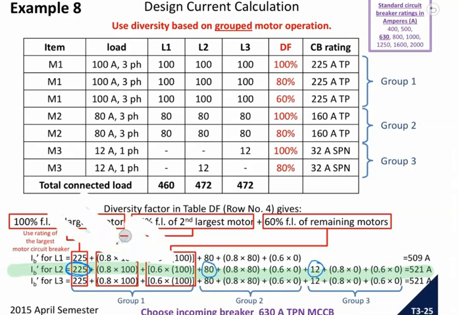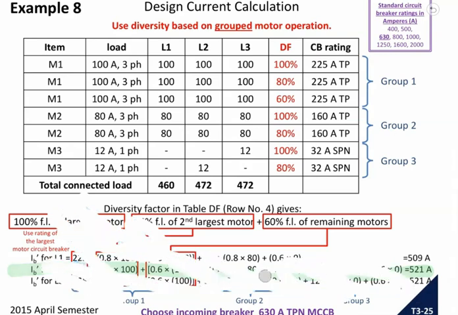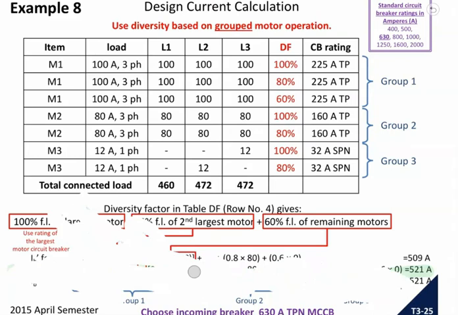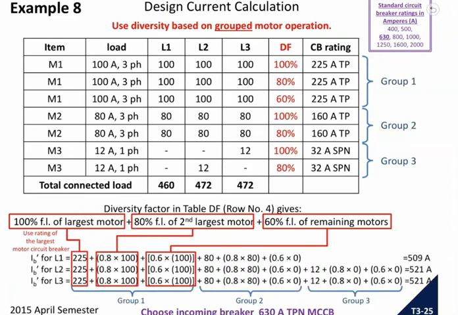There's a question in the chat. One of your classmates asked, in my previous example, what I did was I placed the 12 here, using L1 instead of L3, but this example uses L2 and L3. It doesn't really matter, because at the end of the day, you are only going to focus on the largest phase.